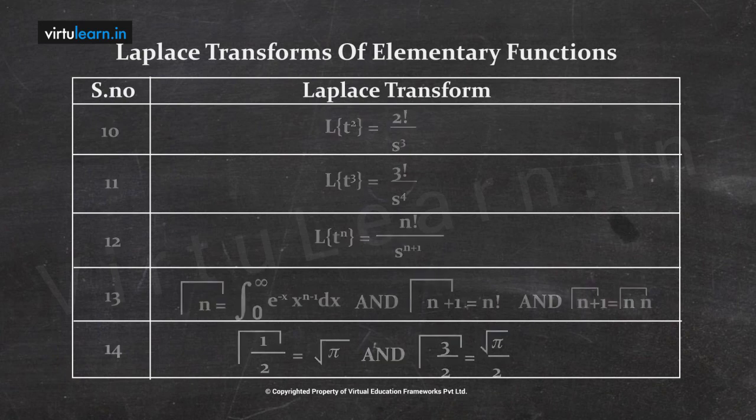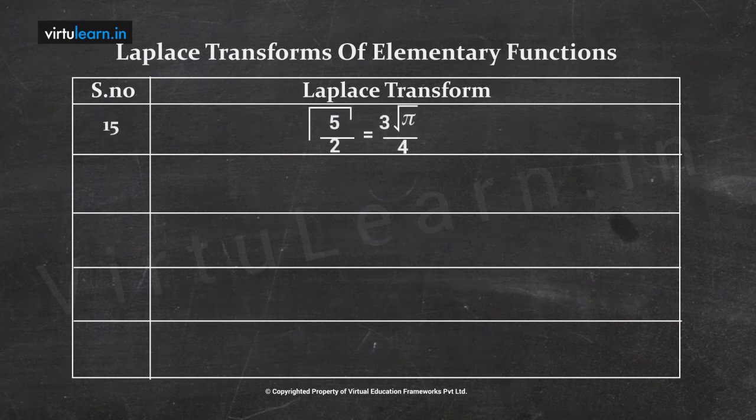Gamma 3 by 2 can be written as gamma n plus 1, that is gamma half plus 1, which means half into gamma half, which is square root of pi. That's why gamma 3 by 2 equals square root of pi by 2.